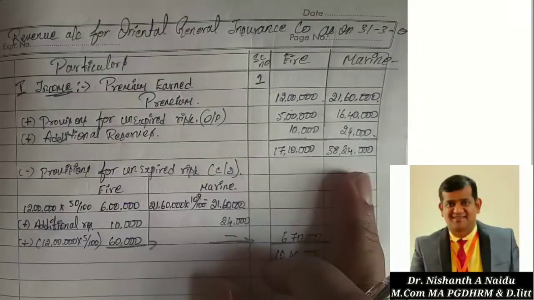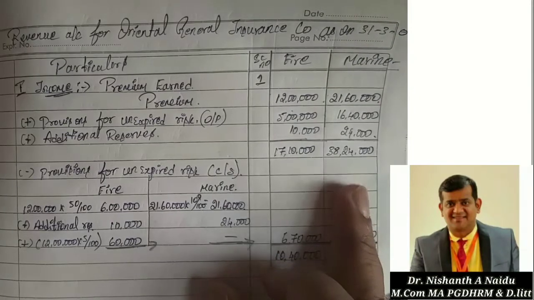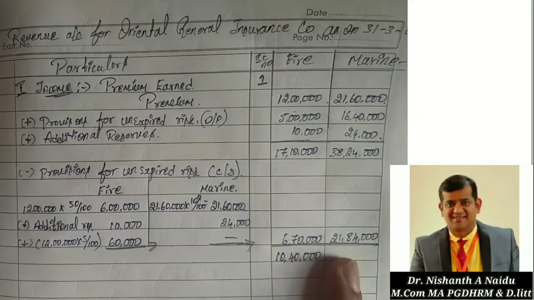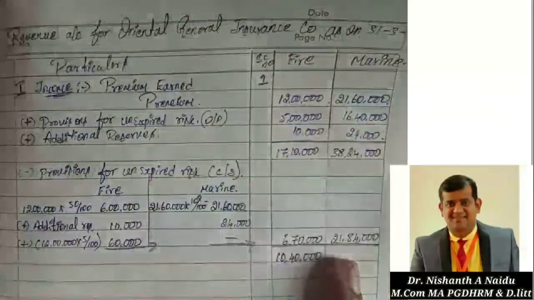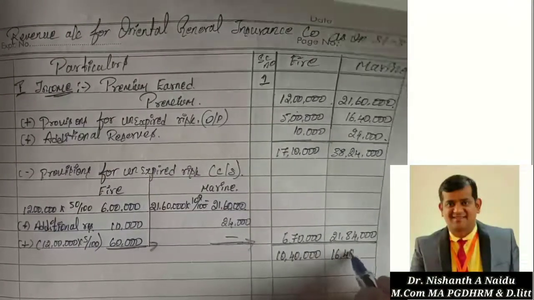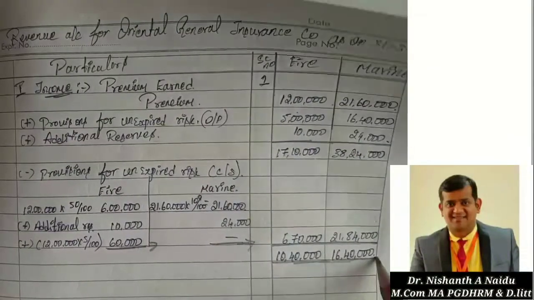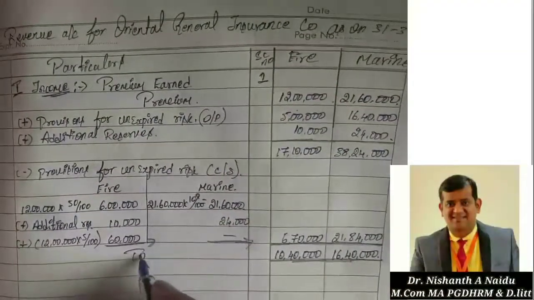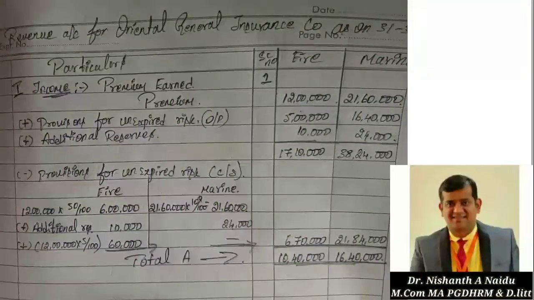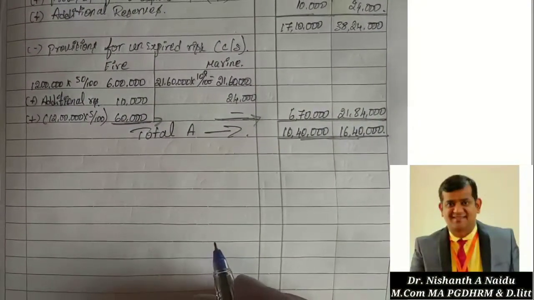So here 38 lakh 24,000 minus 21 lakh 84,000. So how much do we have? 16 lakh 40,000. This is total income. So let me write total income. Clear?